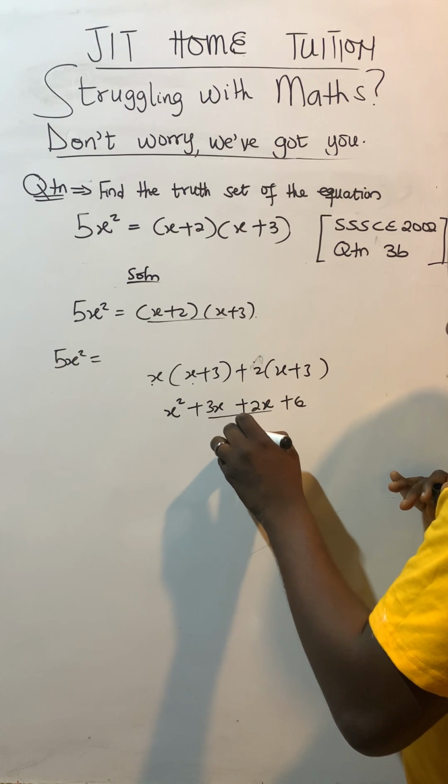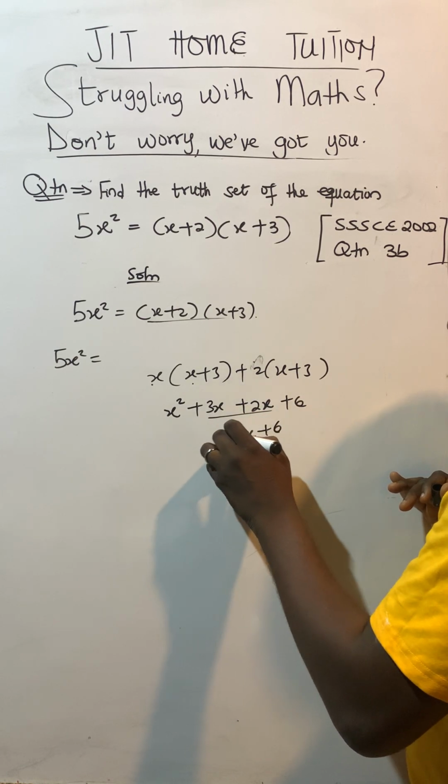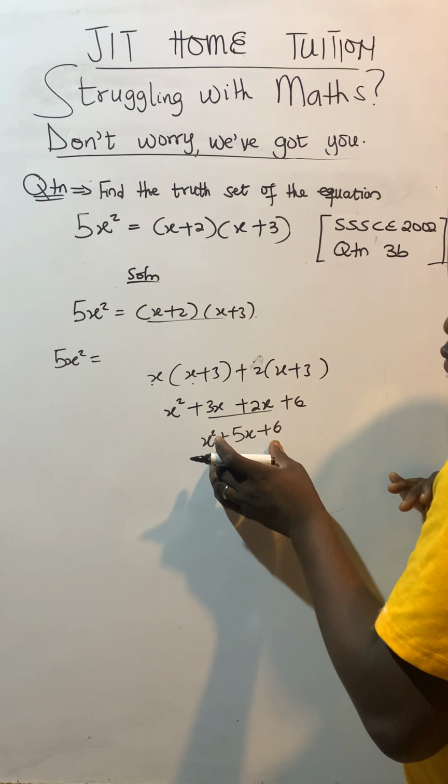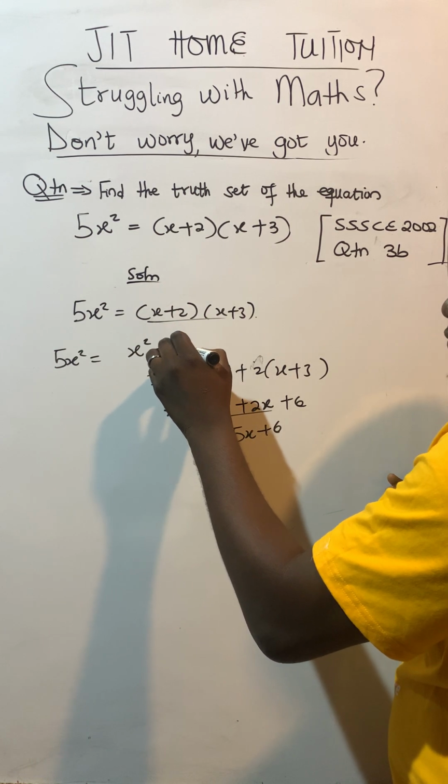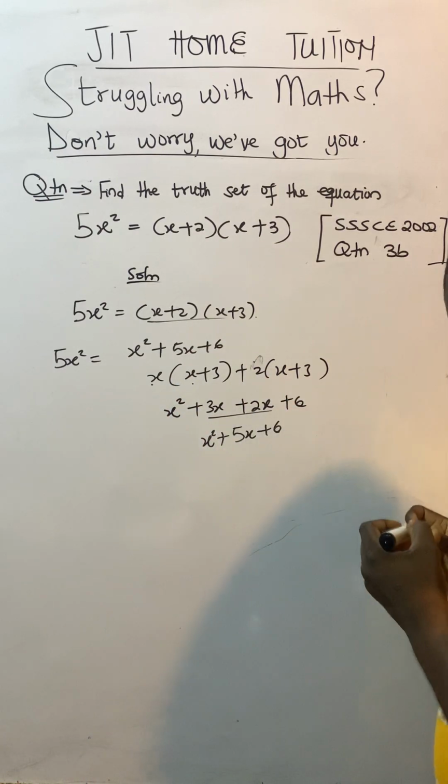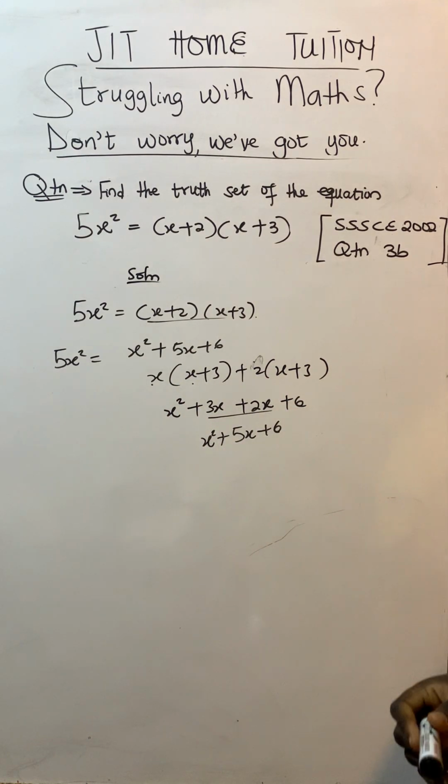Then you put it together: x squared plus 5x plus 6. Alright, I hope you are following.